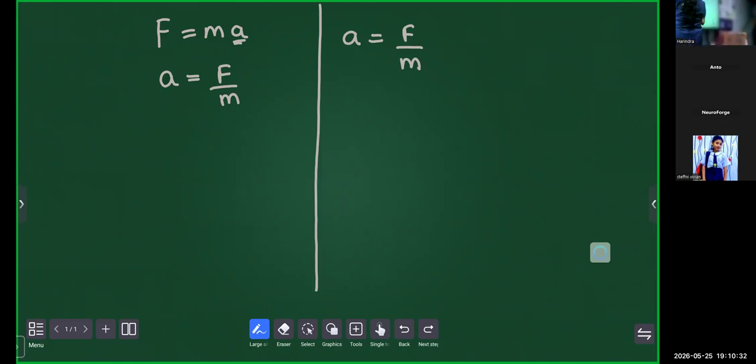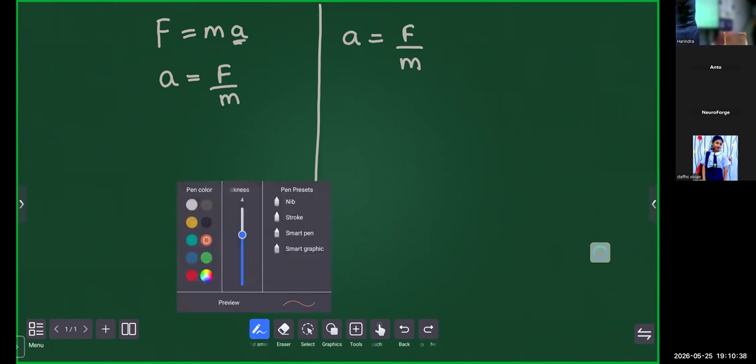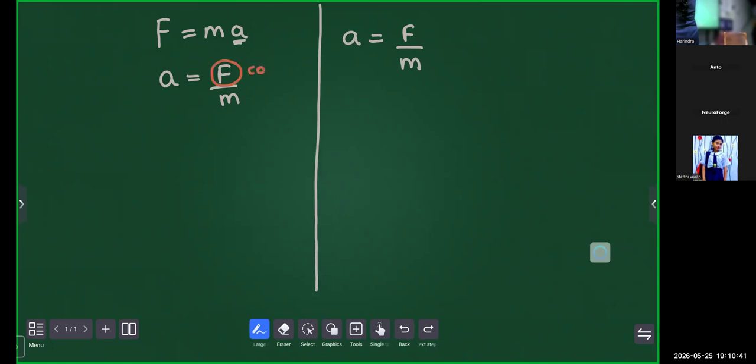Let me explain. Let's assume now we keep the force constant. Here, force is constant. Let's take it as 10 Newton. And here we are recording the acceleration with the mass. First, we are applying 1 kilogram of mass here.